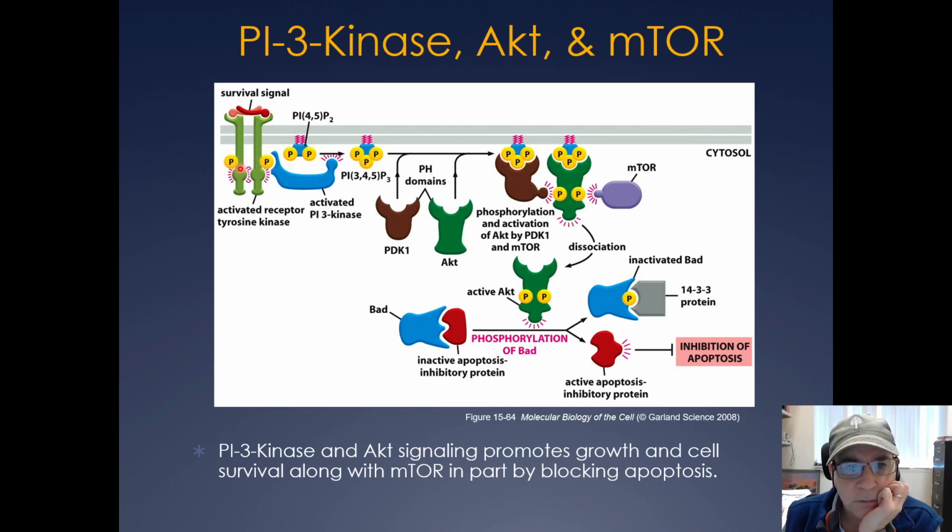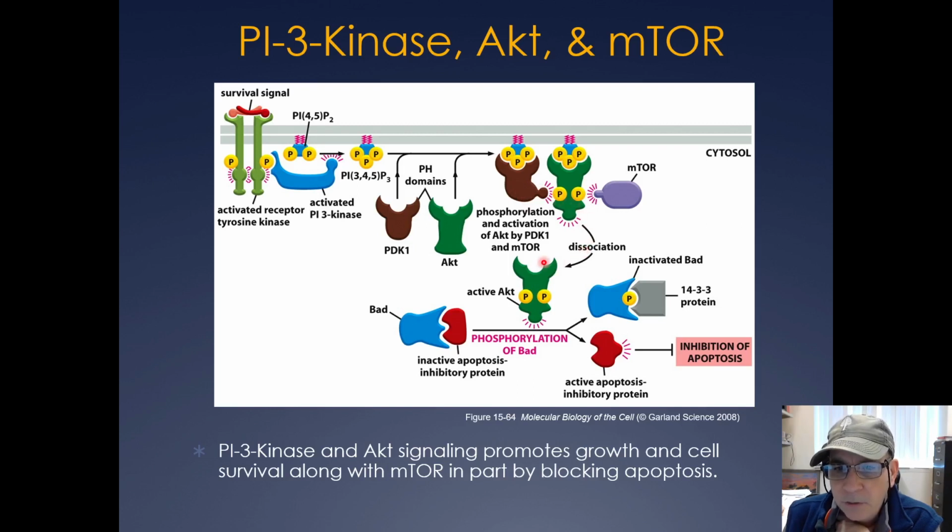These will cross-phosphorylate themselves, and then through an SH2 domain, you can get an activated PI3 kinase, which will convert the PI4,5 bisphosphate to PI3,4,5 trisphosphate. Then the proteins PDK1 and AKT will bind to that, and you get activation of AKT through mTOR and PDK1.